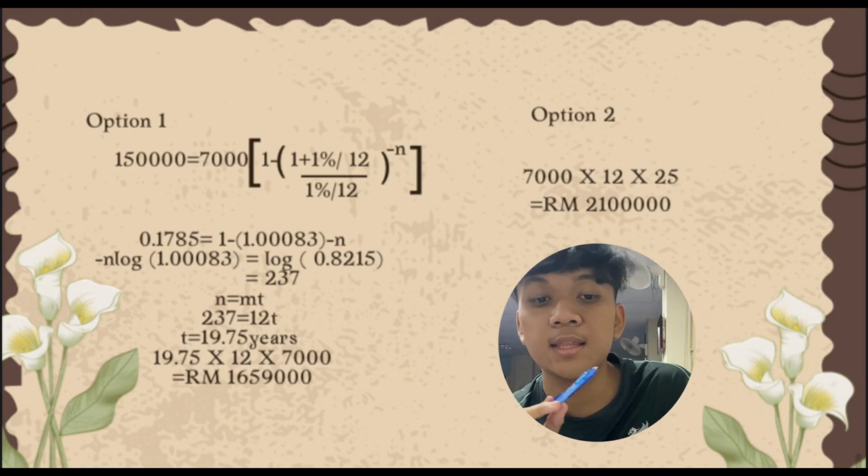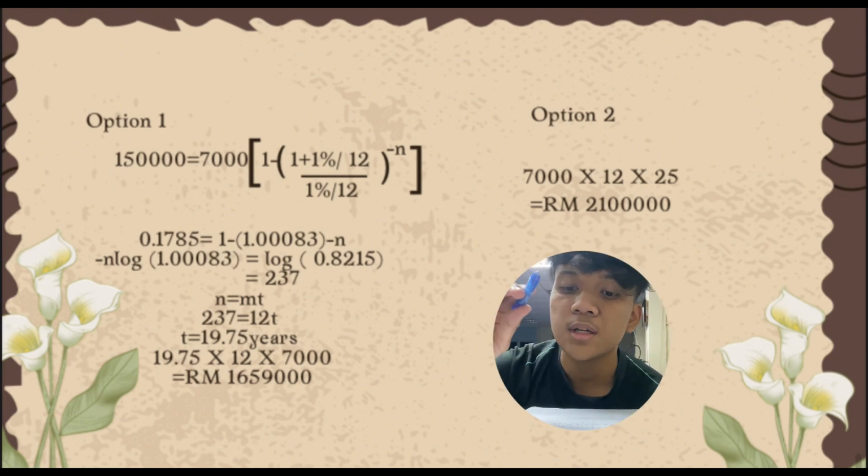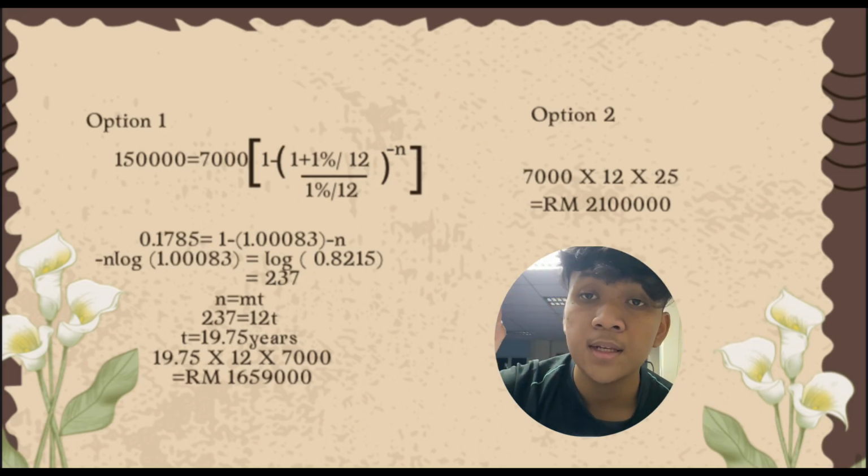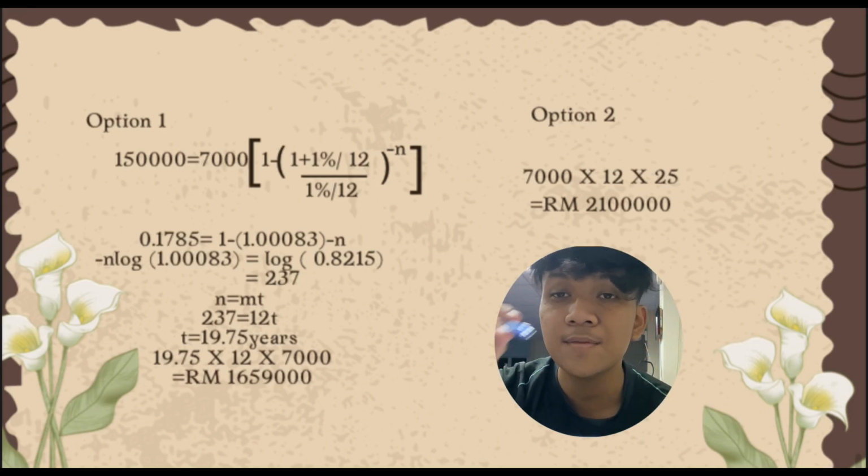So we will get negative n log(1.00083) equals log(0.8215). So n equals log(0.8215) divided by log(1.00083). The answer is n equals 237, the one that we need to find. And after all the calculation, we will find that t equals 19.75 years.